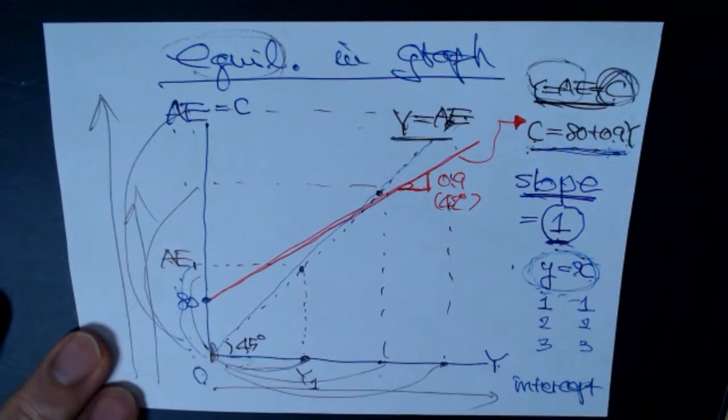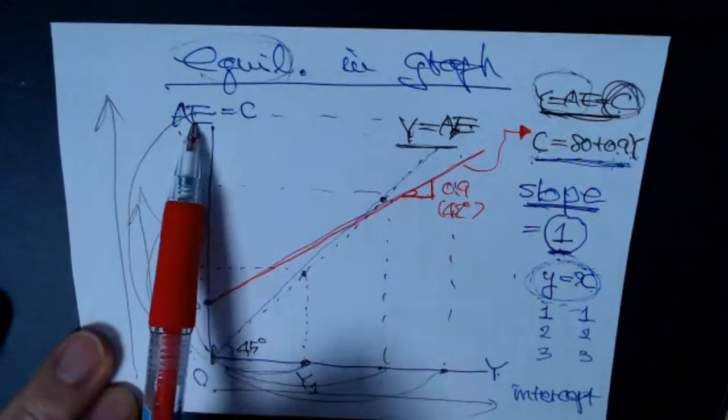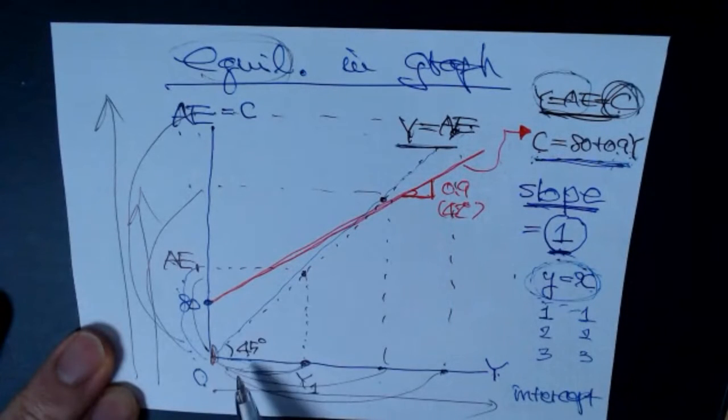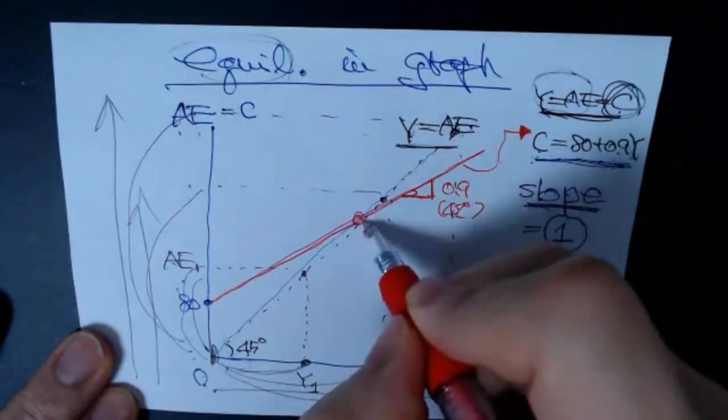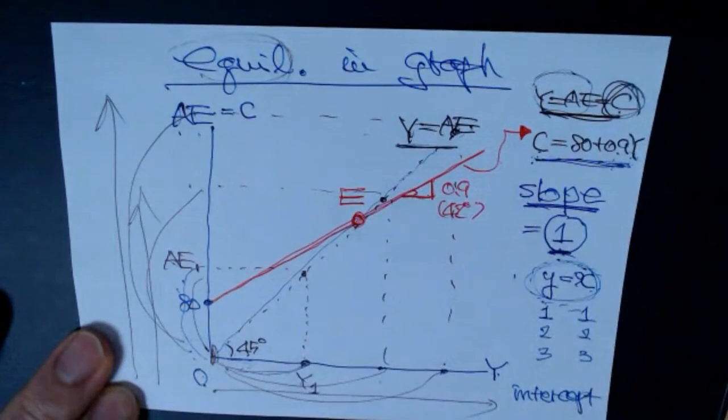Okay. So after adding consumption, what we can know, because we know that the equilibrium condition is Y equal to AE, AE equal to C, is when Y equals consumption. So here is the equilibrium point.